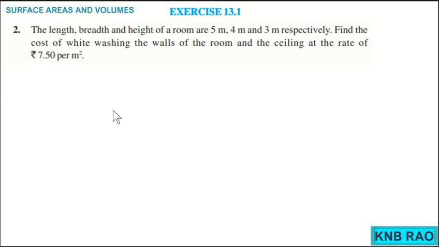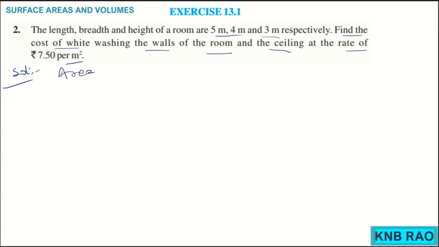So, question number 2. The length, breadth and height of a room are 5 meter, 4 meter, 3 meters respectively. Find the cost of whitewashing the walls of the room and the ceiling at the rate of rupees 7.5 per meter square. See, if I want to find the cost of whitewashing, I must find the area of whitewashing.